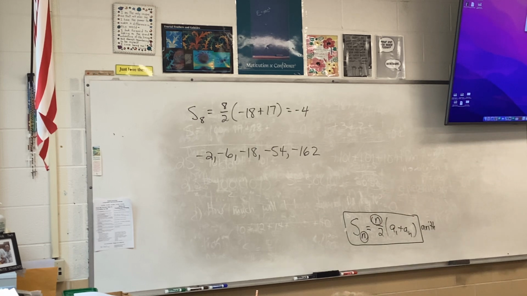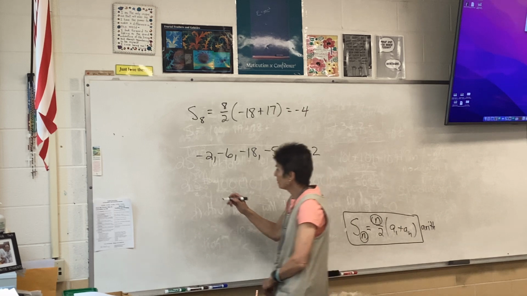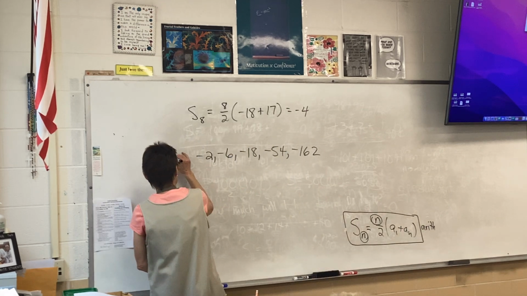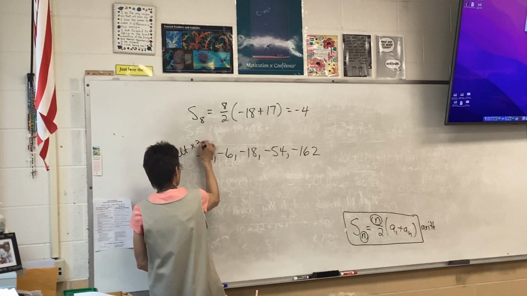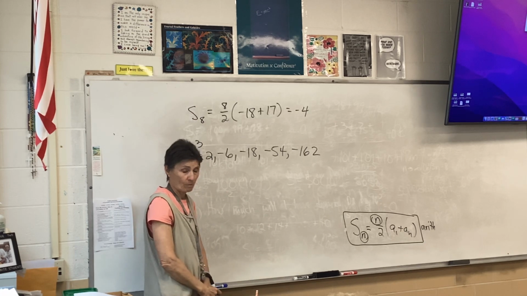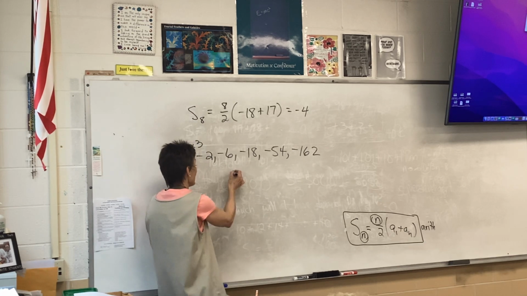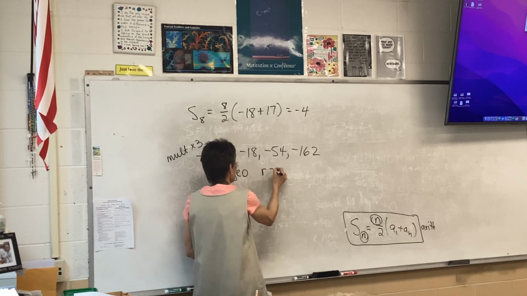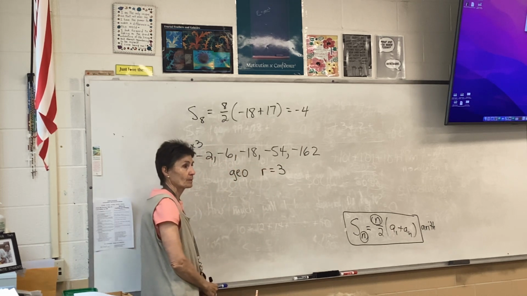Times by what? Yeah, we're multiplying by 3, which means we are not arithmetic. What are we? We're geometric, and the ratio is 3.